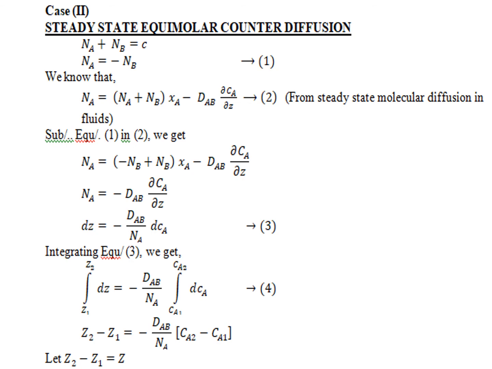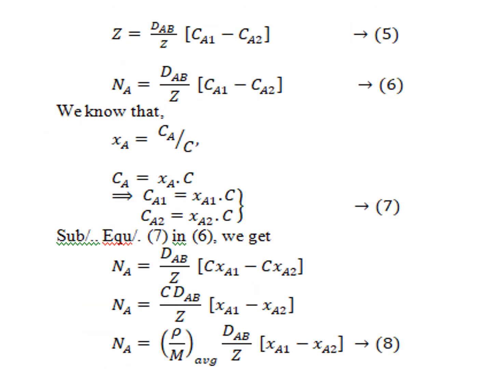Here we will take capital Z, so we replace z2 minus z1 with Z. The final expression is Z is equal to minus Dab by Na into (Ca2 minus Ca1). So this is the expression.